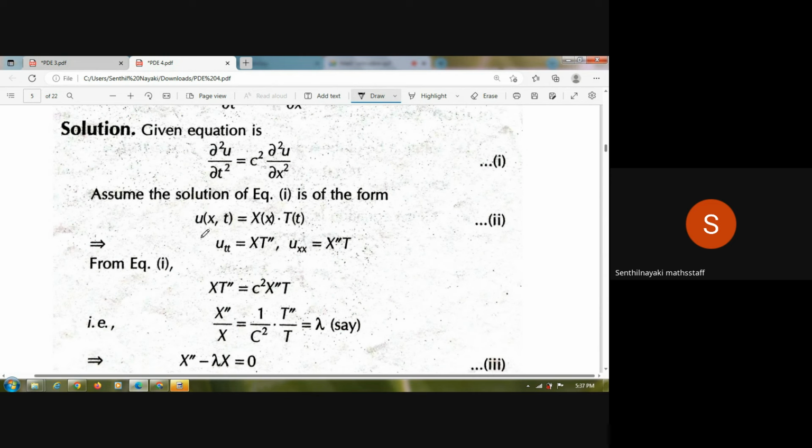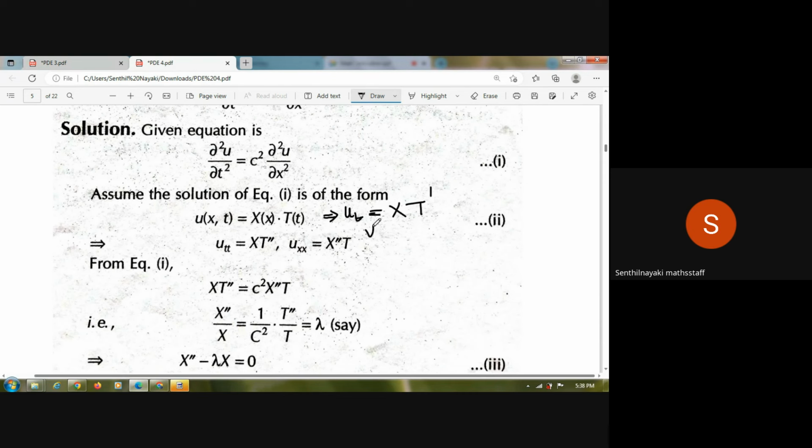First differentiate with respect to t, then u_t on the left hand side. If you differentiate with respect to t, then we get u_t = X·T', since X is a constant with respect to t.